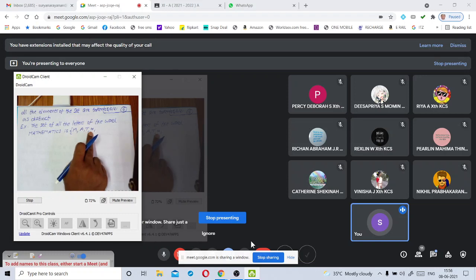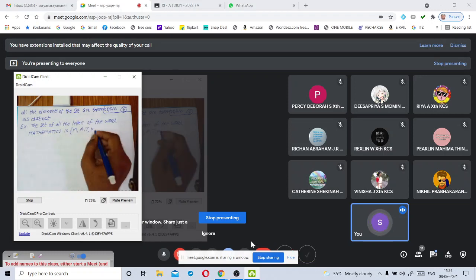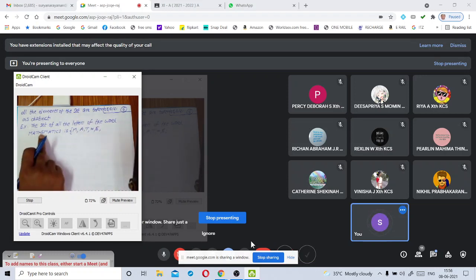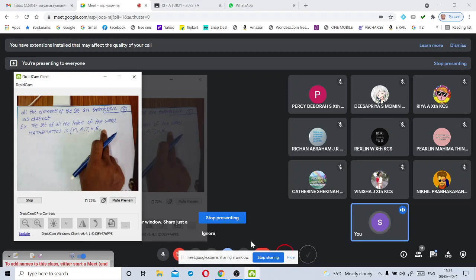M, A, T, H, E. See here, the letter M is repeated. Yes or no? Already we have written M. So, we should not write this letter M again. Understood this point? Again, A is repeated, so need not write letter A again.